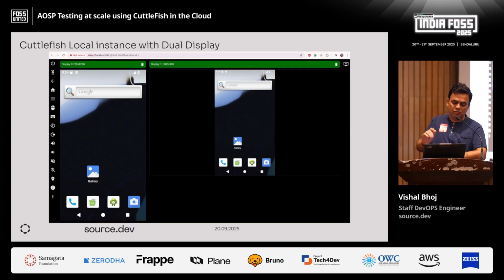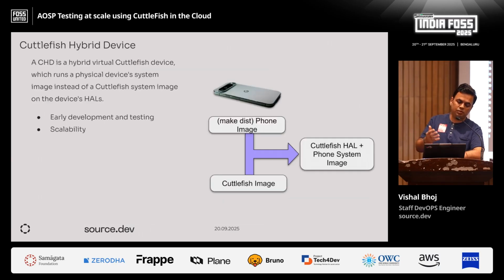This is a screenshot of my local Cuttlefish instance that I had run. I have configured it to have dual display. It has display 0, display 1, but it is running with the same screen on both of them. So you can simulate these scenarios and develop apps and so on if you need.